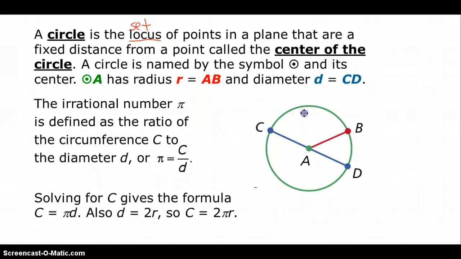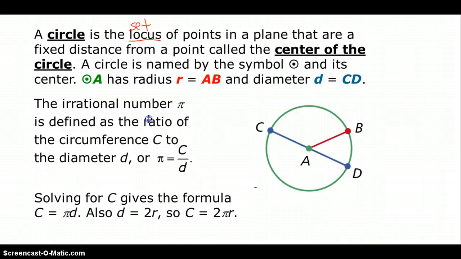In this circle, we have the center at A. A circle is named by the symbol circle and the letter at its center, so we would call this circle A. Circle A has a radius we could represent with AB. The diameter CD is the segment going through the center that connects the circle at both sides. I could also call AC a radius, and AD a radius. Any segment that connects the center to the edge of the circle is a radius.